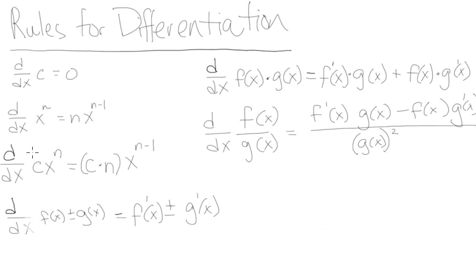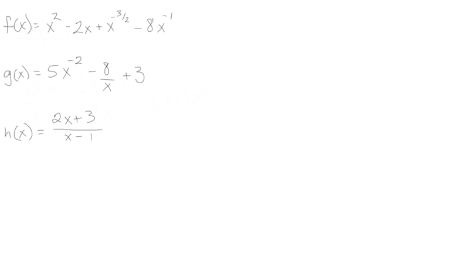Before we wrap up, I'm going to put up a set of example problems. I'll encourage you to pause the video and try them out. All right, so starting with the first one, we are going to take the derivative f prime of x.